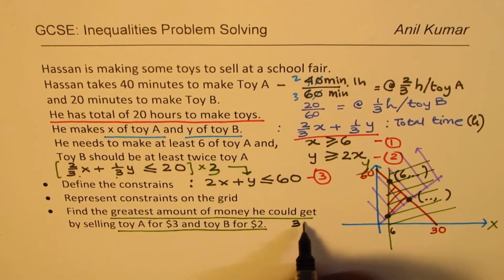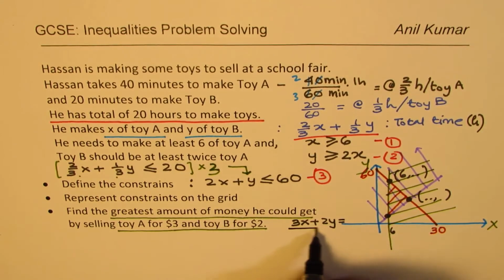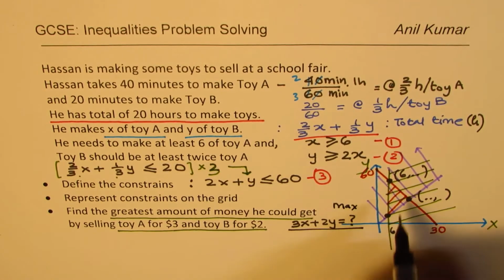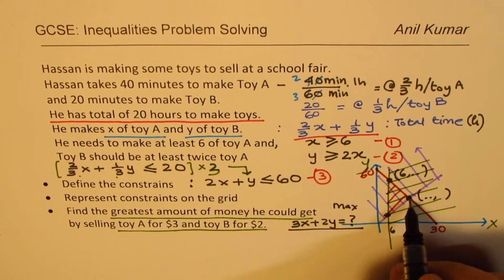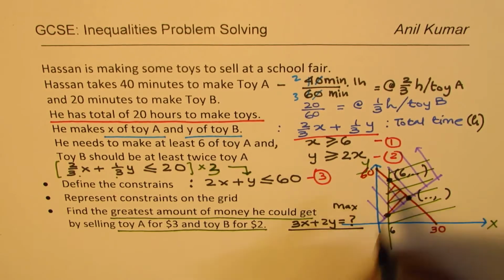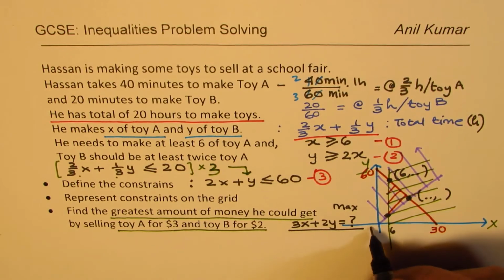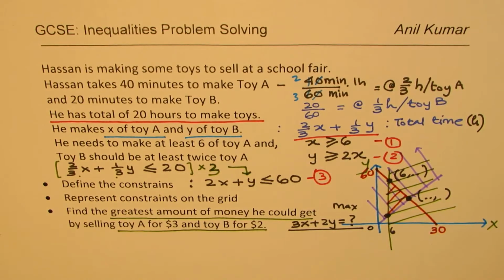So we'll calculate what is 3x plus 2y equals to. And we look for the maximum with respect to these 3 points. So basically we are comparing these points to get our answer. So I hope the concept is clear, right? So let's go to the next page, sketch the graph and try to get our solution.